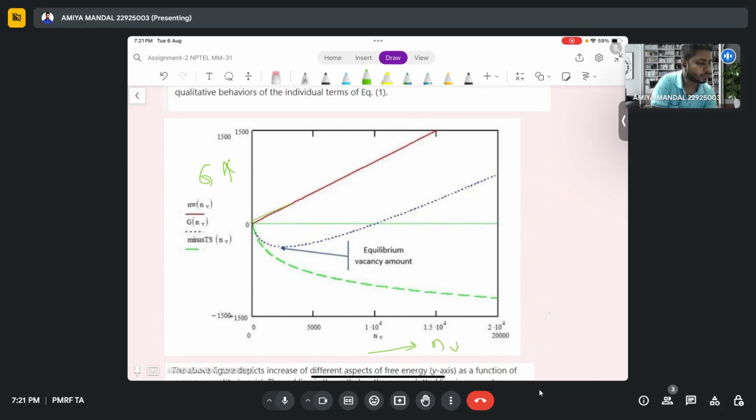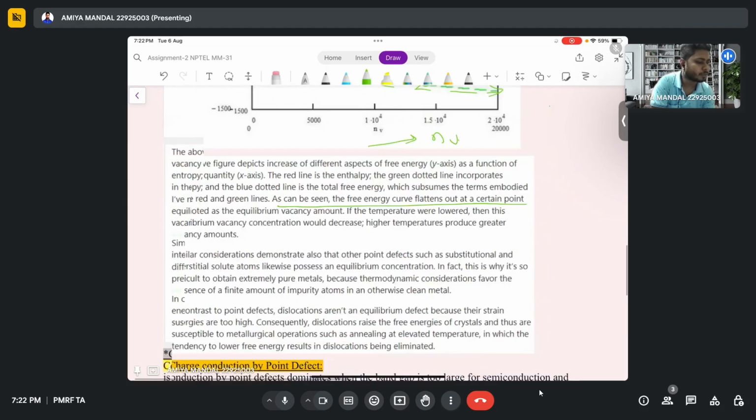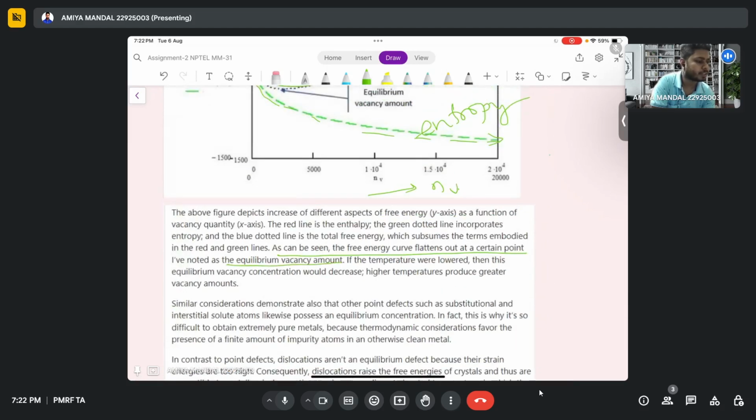We can see the G value is increased from 0, and this is exponentially decreased for the entropy. As a result, you can see this type of graph. This is showing the equilibrium vacancy amount. The free energy curve flattens at a certain point; this is called the equilibrium vacancy amount.